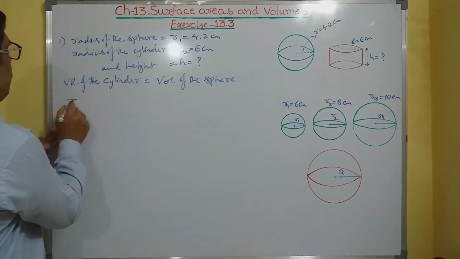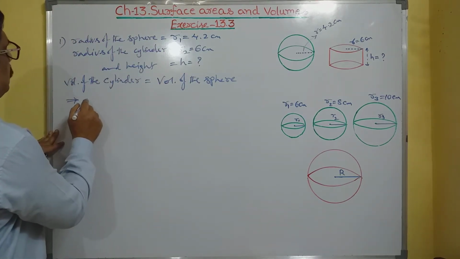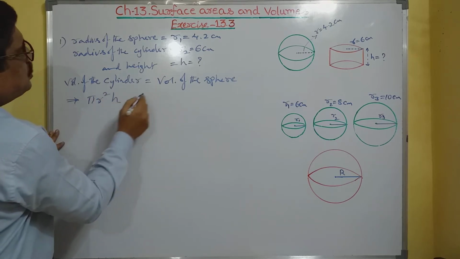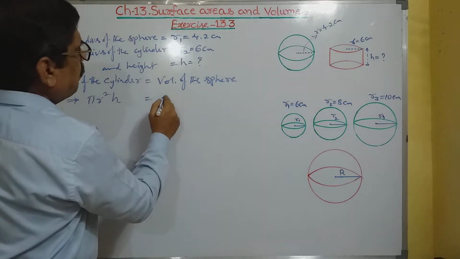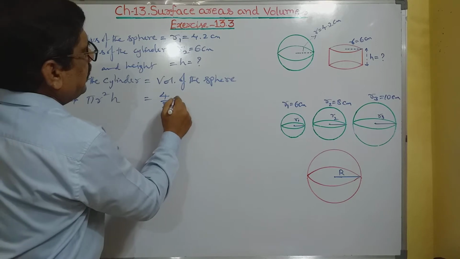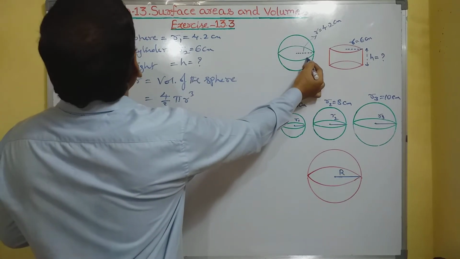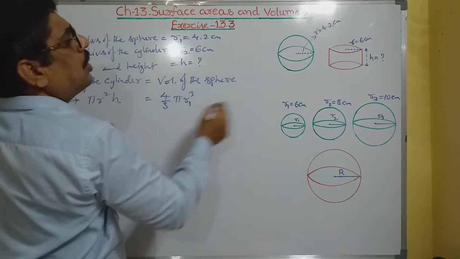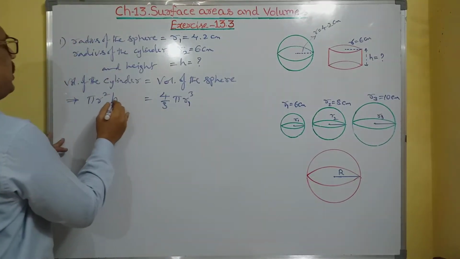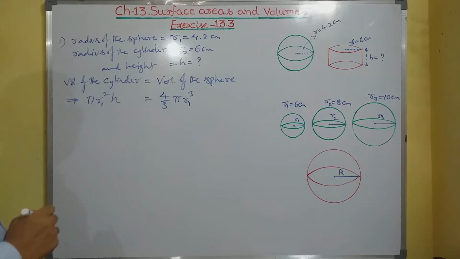So what is the volume of a cylinder formula? Pi r square h, and the volume of the sphere formula is 4 by 3 pi r cube. Here we have taken the radius of the sphere as r1 and the radius of the cylinder as r2.